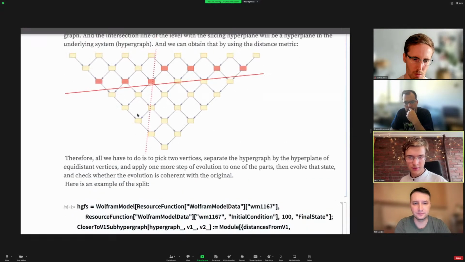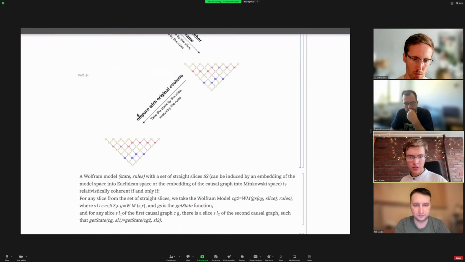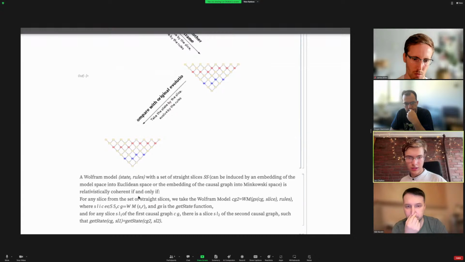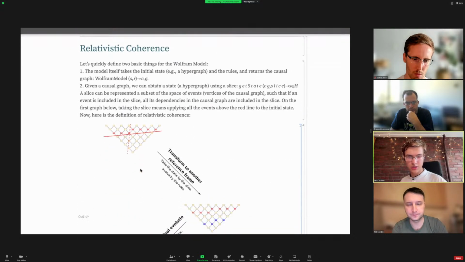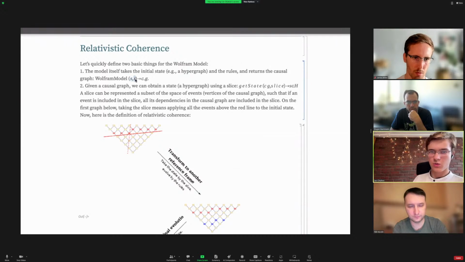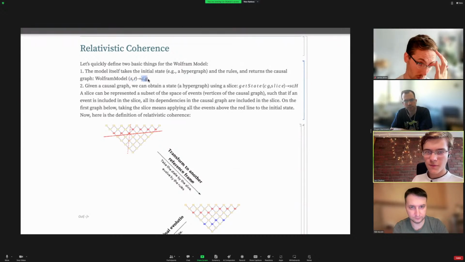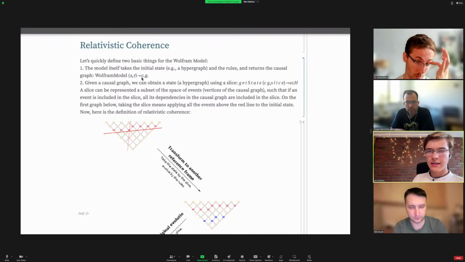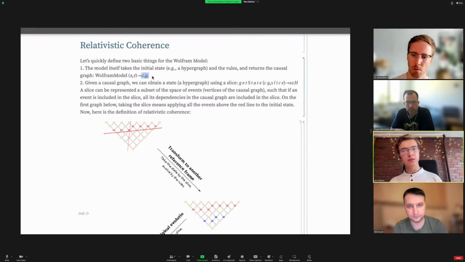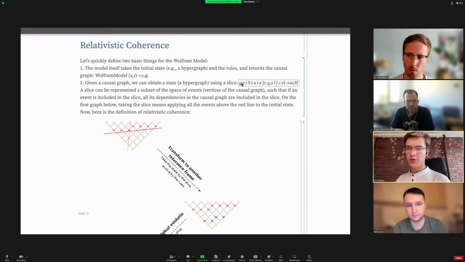Okay, so I actually have this written down here. So here are some definitions. A Wolfram model takes a state and some rules and it generates a causal graph. And then once you have the causal graph, which is sort of the ground truth of that system in a particular reference frame, then you can get the state.